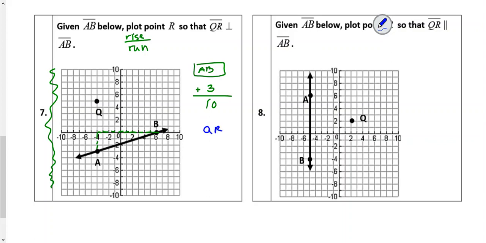And for QR, the one I need to graph, I need it to be perpendicular. Perpendicular is opposite reciprocal. So if AB was positive, QR has to be negative. Reciprocal, flip your numbers, 10 over 3. So starting at Q, I'm going to go down 10. 1, 2, 3, 4, 5, 6, 7, 8, 9, 10. And then over 3. 1, 2, 3. And there's point R.